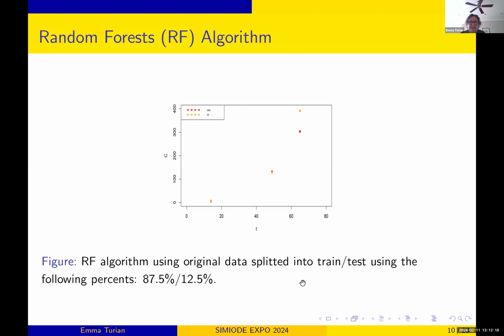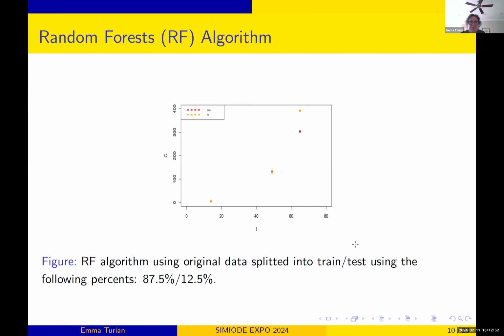Also, if we split the actual data set, which is not large, we have only about 24 data points. So if we split that into, let's say, 87.5% and 12.5%, which is the train and the test, and we're testing on these 3 points in here, this is what we obtain. So again, because of the large scattering towards the end, it's very hard to fit the data well when the tumor is large.